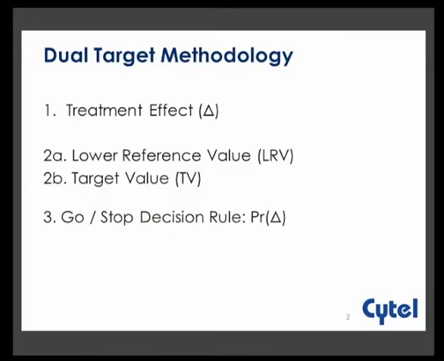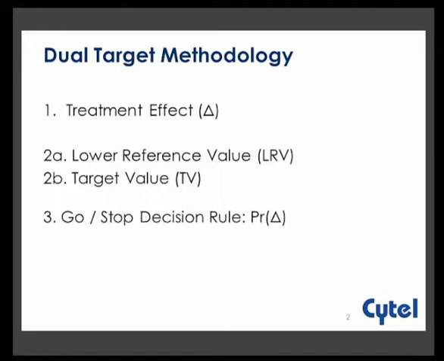So within this methodology, there are a few basic components. The first is typically a treatment effect, although it could be some other endpoint or variable, but typically it's a treatment effect, which we call delta. And the key to this approach is the use of two different values of the treatment effect.